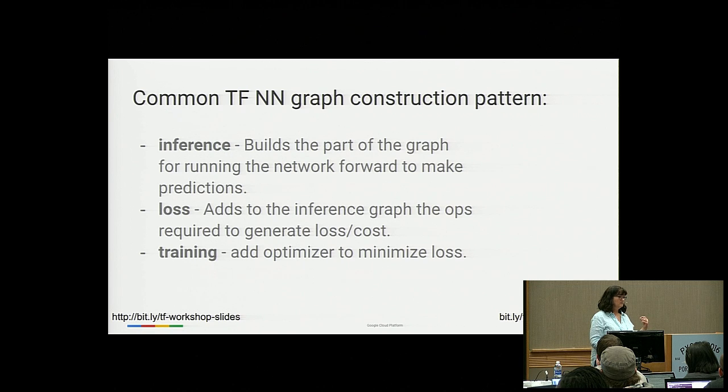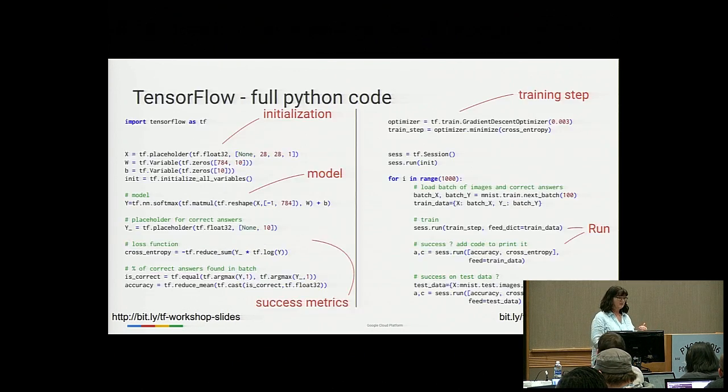And then they'll define the optimizer and how it relates to, do you want to minimize the loss, for example? And again, those are just building up nodes in the graph. You'll often see people pull those apart into separate sub-methods just to keep their code tidy. But you'll see this pattern.